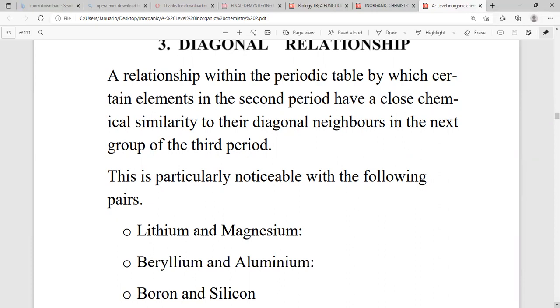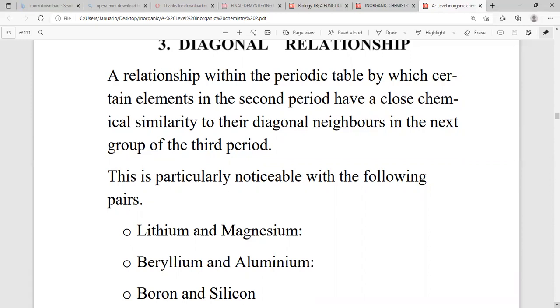When we are looking at the chemistry of different groups, you find that most of these elements, such as lithium and beryllium, have chemical properties that are very different from the chemical properties of the other elements in the group.